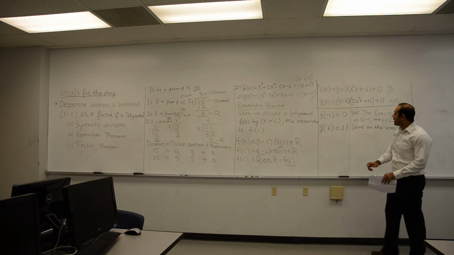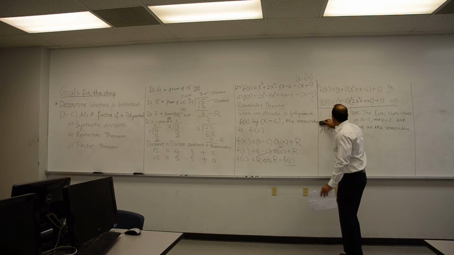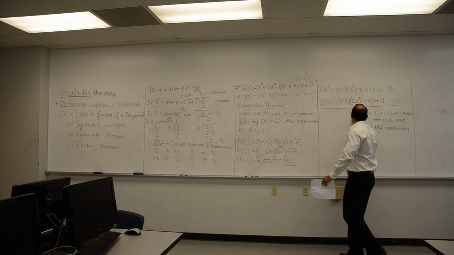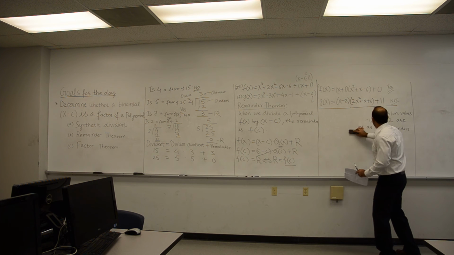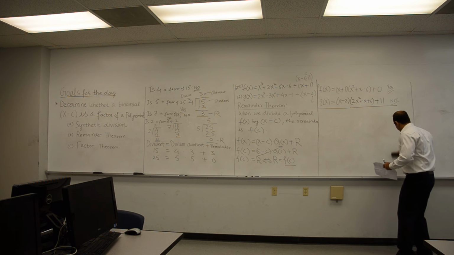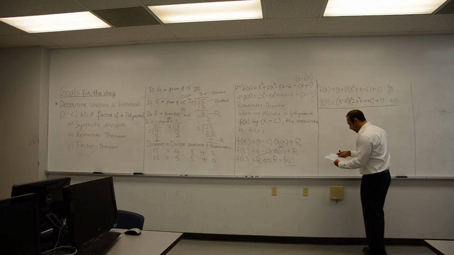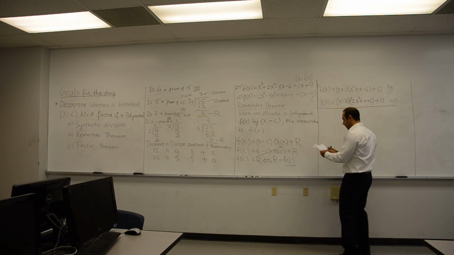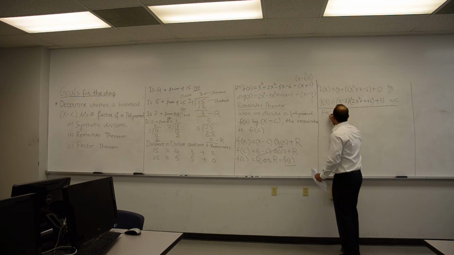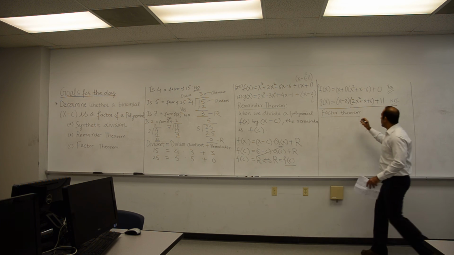So in order to do that, I will get rid of this, because we already know that the function values give us the remainder. So the factor theorem can be formally written like this.